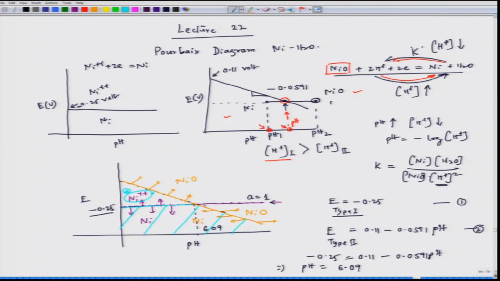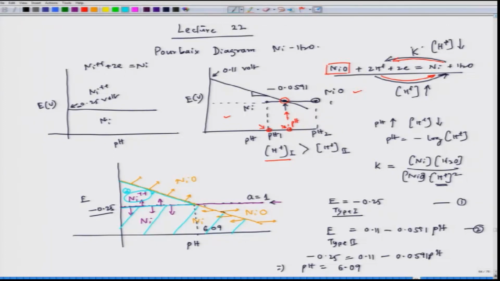So this particular line, we cannot definitely say that it should exist completely, because we do not know the relation between Ni plus plus and NiO. For that reason, we have to go for the type 3 reaction.